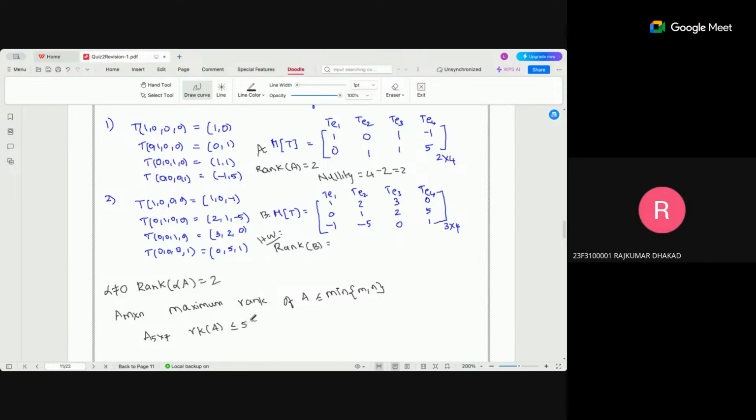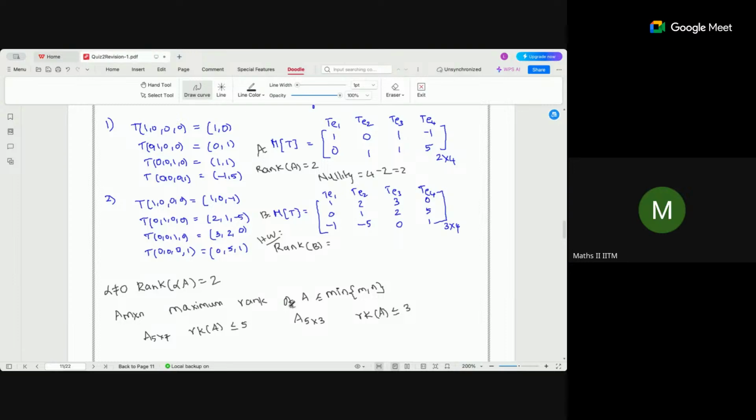So your rank should always be at most 5. Suppose you have a 5 cross 3 matrix. Now what should be your maximum value for the rank? What is the minimum value? 3. Right? So the maximum value is 3.